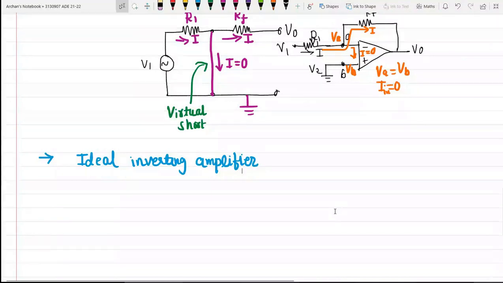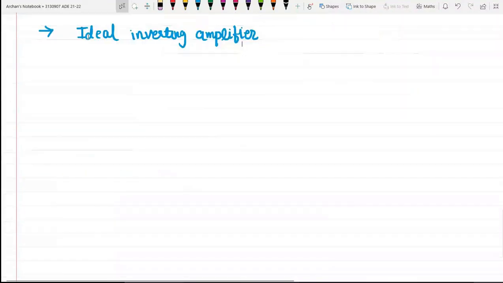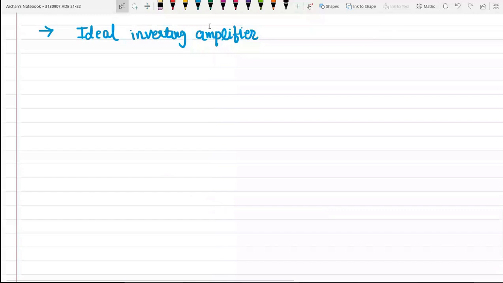If you read the name carefully, inverting amplifier, that means the output of such an amplifier will be inverted compared to the input signal. What do we mean by an inverted output signal? It has a phase shift of 180° as compared to the input signal. So an amplifier which provides a phase shift of 180° between input and output is called an inverting amplifier. Let us try to understand the basic circuit diagram of such an inverting amplifier now.